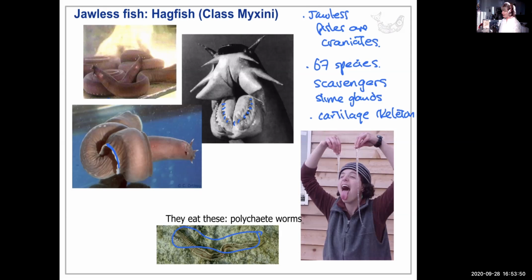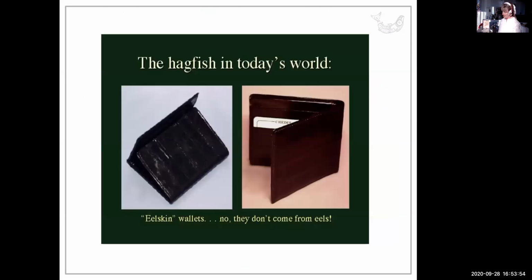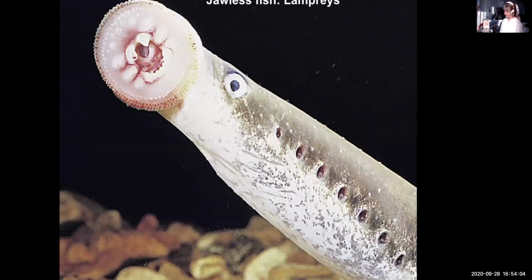Yeah, so they're agnatha, or jawless fishes. And if you ever see eel skin wallets, apparently, they're often made of hagfish skin. The other jawless fish is a lamprey. Lampreys have holes along the side of their bodies that allow them to exchange gases with the water.